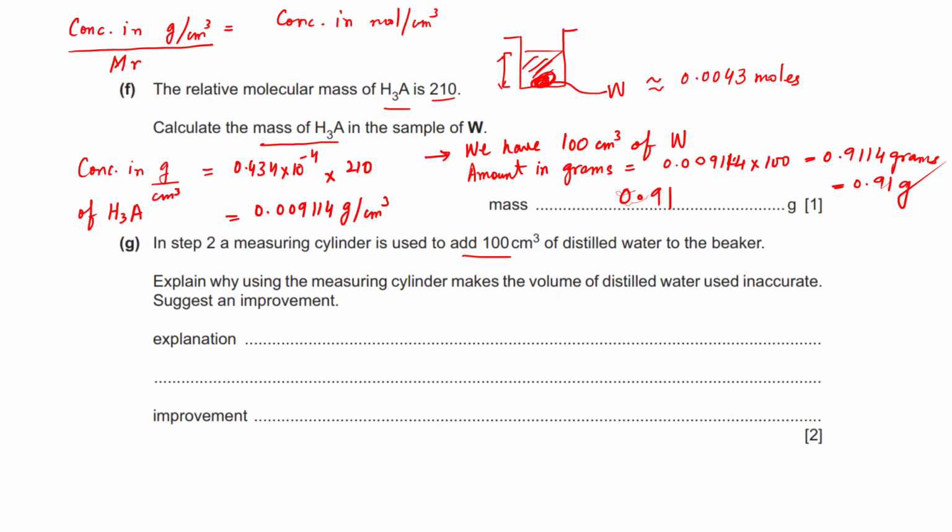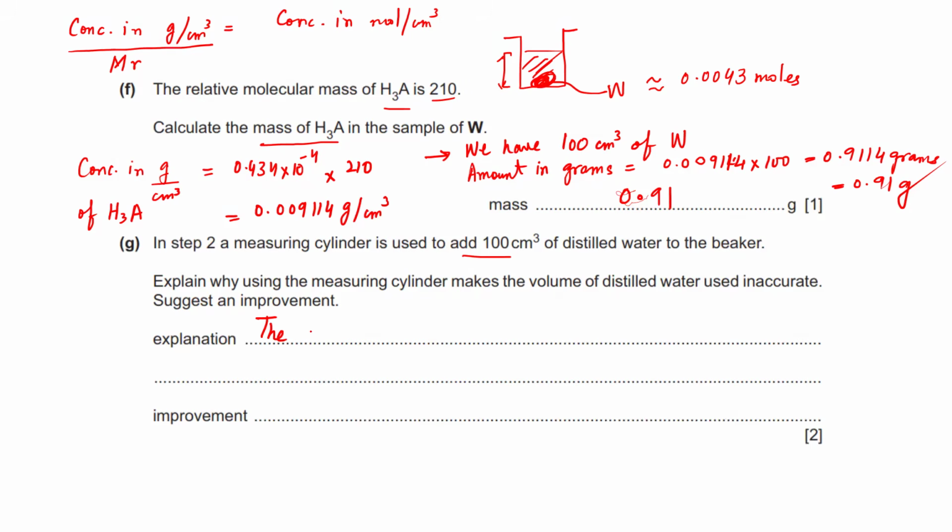Whereas if you use a burette or a pipette for measuring distilled water and adding it to the potassium nitrate solution, we'll be able to get the resolution up to 0.1 centimeter cube. So it's better to use equipment that provides better resolution.